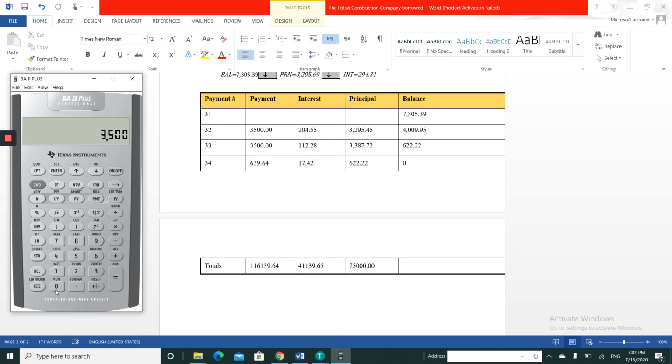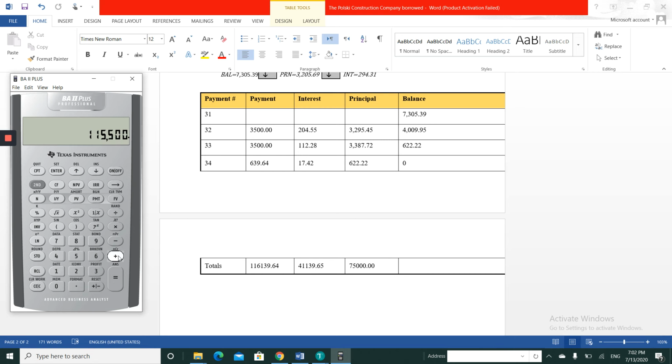So I have 33 payments of $3,500. If I multiply $3,500 by 33, it's the total amount paid by payments number 1 to 33.